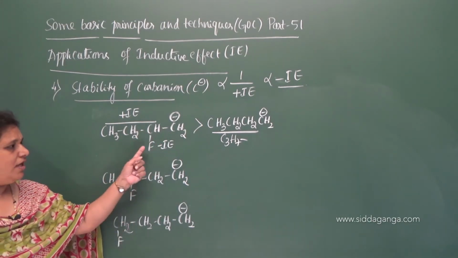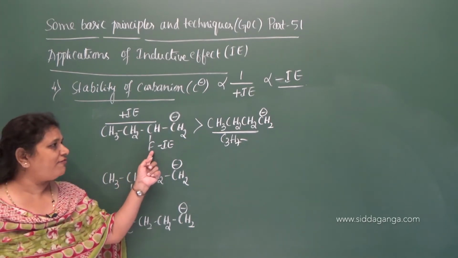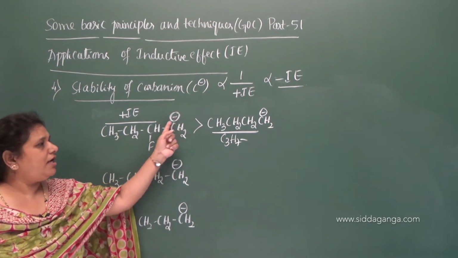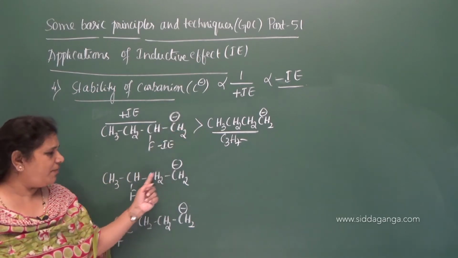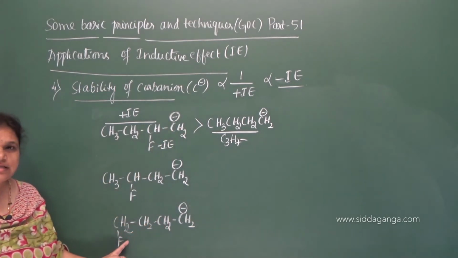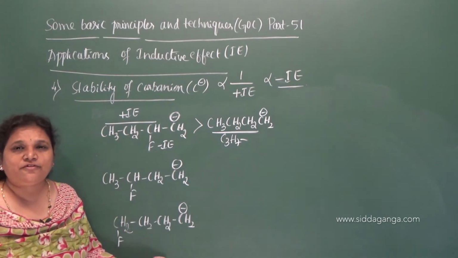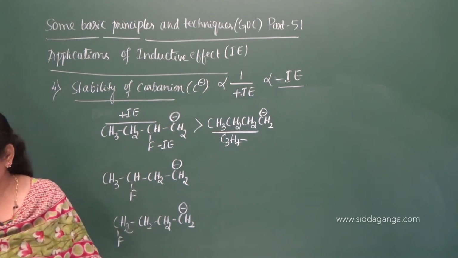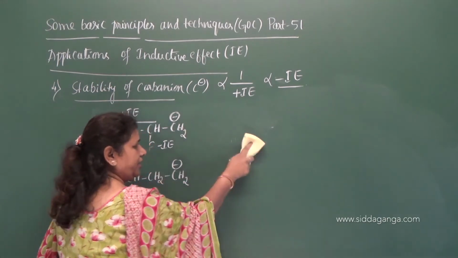Which means to say the distance between the atom with the negative inductive effect, the source of the inductive effect, and the negative charge increases. So this is the source and the distance increases from here to here. As the distance increases, the magnitude of negative inductive effect given by the fluorine also decreases. Just note this down.